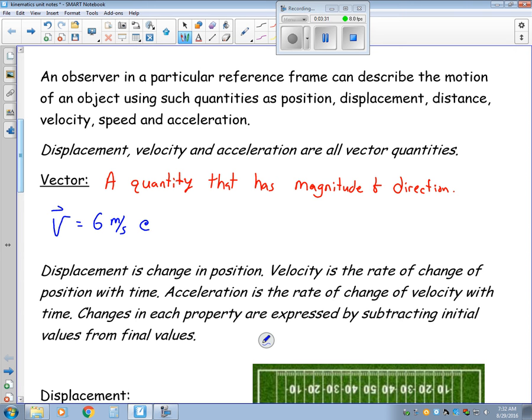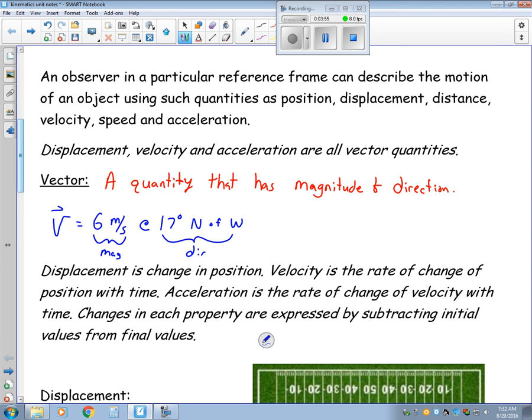At 17 degrees north of west. Okay, so here we have the magnitude, and here we have the direction. And that is a vector, something with magnitude and direction. On paper, we use an arrow.